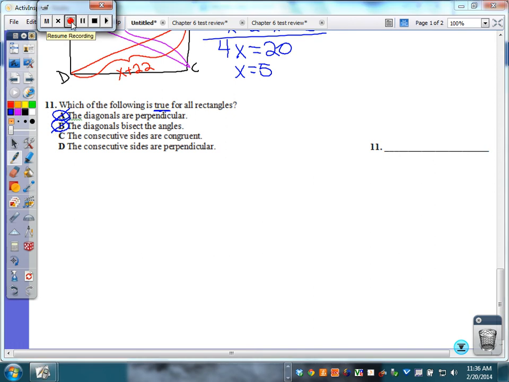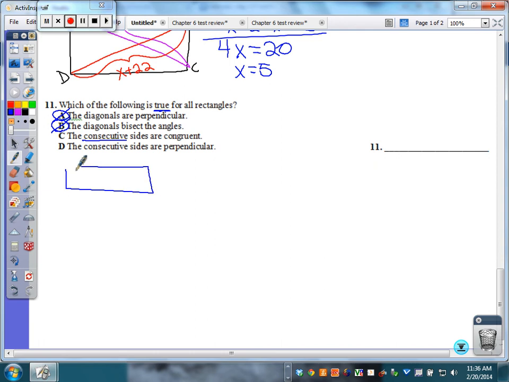Okay, consecutive means one after the other. So if I had this side right here, is that congruent to this side right here? And that's no, it's not. However, because a rectangle does form 4 right angles, this consecutive side right here would in fact be perpendicular to the other consecutive side. So consecutive sides are perpendicular. So this is D.